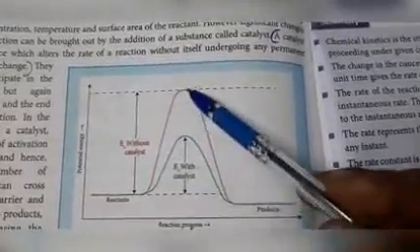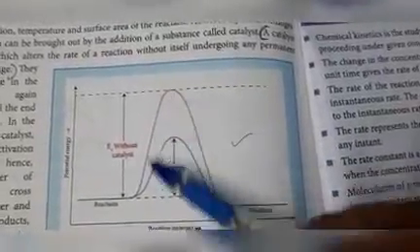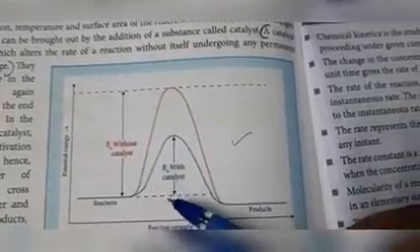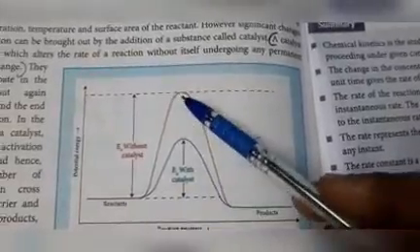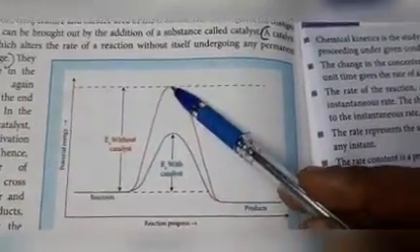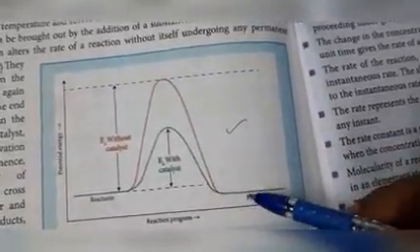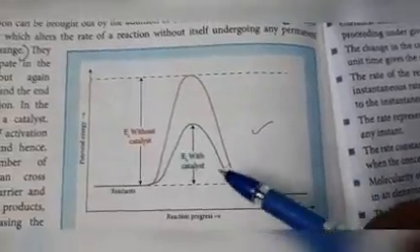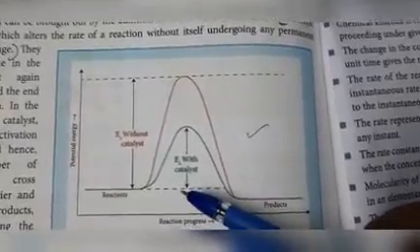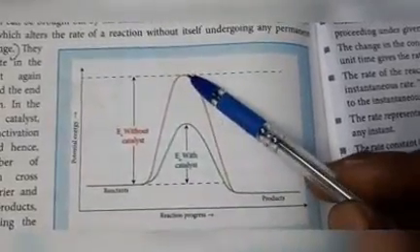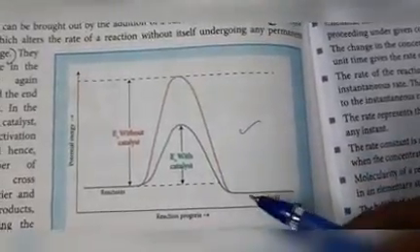It looks like a mountain. If anyone crosses this mountain, that person must possess this amount of energy. If anyone reaches this place, they can easily go down here. Like that, if any reactant has the energy to reach this place, that reactant will convert into product.